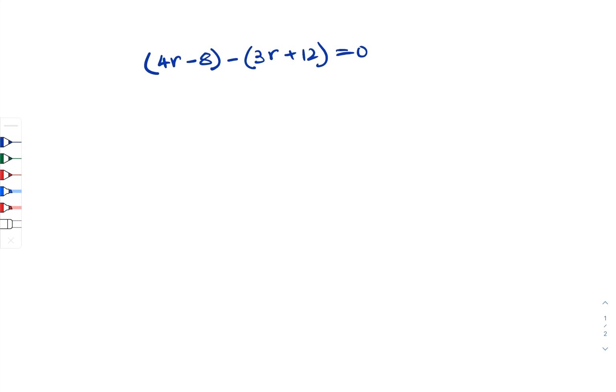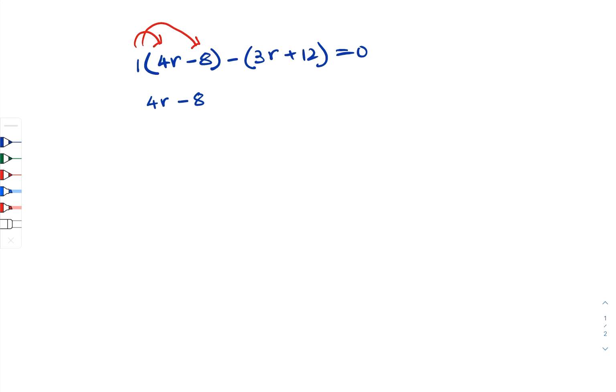For the first parentheses, there's actually a 1 sitting out here, so you simply multiply the 1 with the 4r and multiply the 1 with the negative 8, which is also called distributing it. When you do that, you get 4r minus 8, so you took care of that.